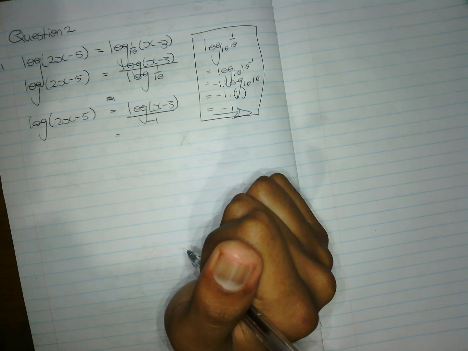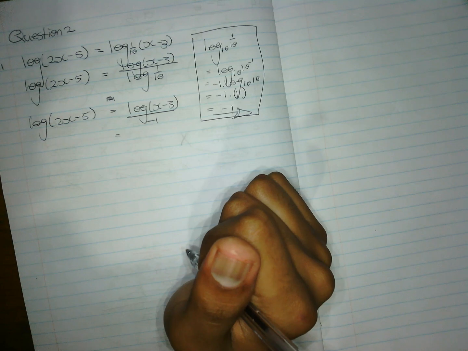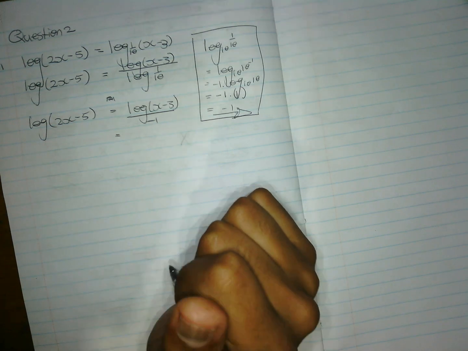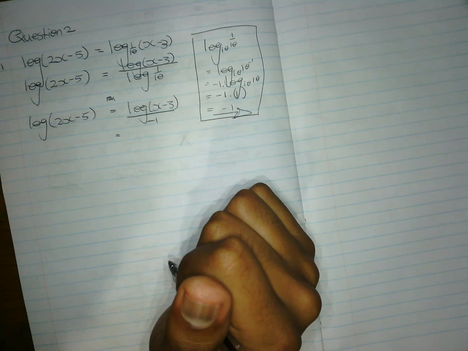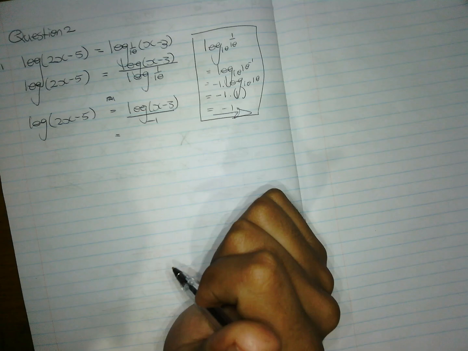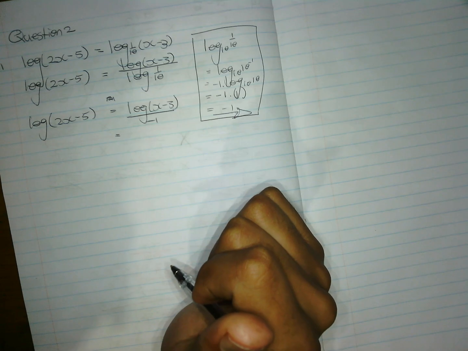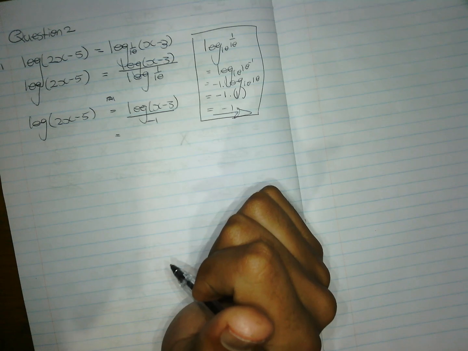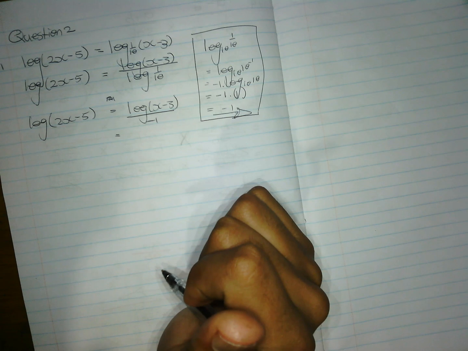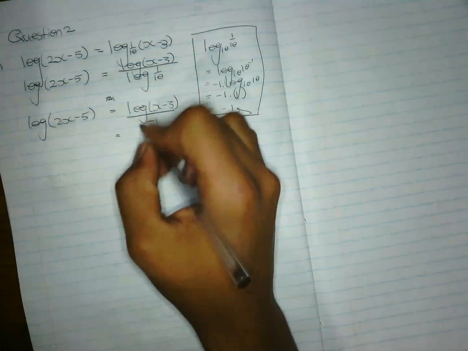Yeah, it's a problem. That's why the memo is confusing me, because I don't know that rule. Log 1 over x minus 3. It doesn't make sense to me. But okay, let's do this.